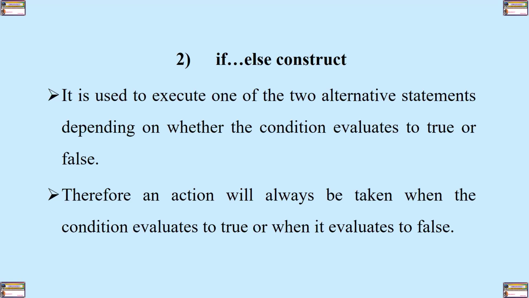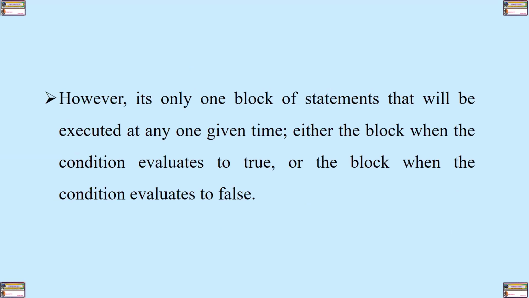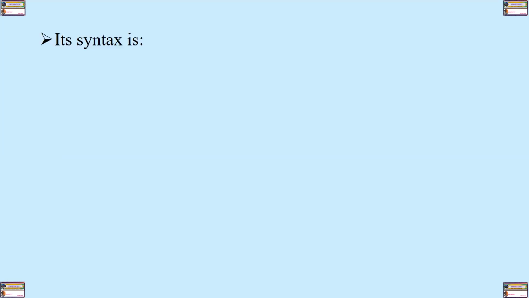Therefore, an action will always be taken when the condition evaluates to true or when it evaluates to false. However, only one block of statements will be executed at any one given time. Either the block when the condition evaluates to true, that is yes, or the block when the condition evaluates to false, or no. So there's no time when both blocks will be executed.